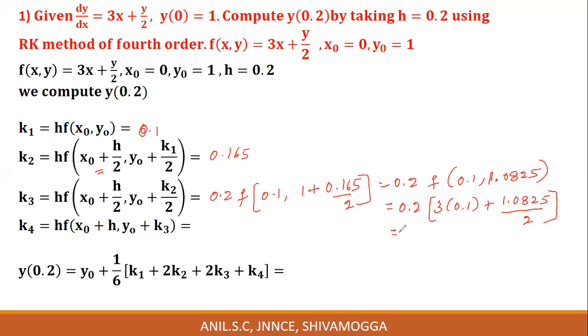This gives 0.16825. You can approximate it, but no problem if you keep it as is, 0.16825. This is the third component.